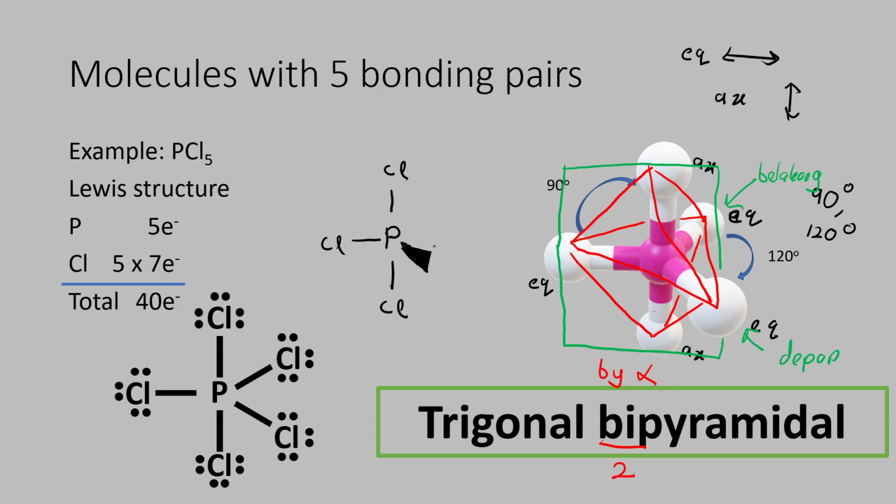Okay, nampak lagi cantik. And kita guna dashes untuk bagi tahu dia dekat belakang. Chlorine and chlorine. So, the bond angle untuk this one and this one is 90 degree, this one and this one 90 degree, this one and this one 90 degree. The only 120 macam trigonal planar tadi is here. Here and here.